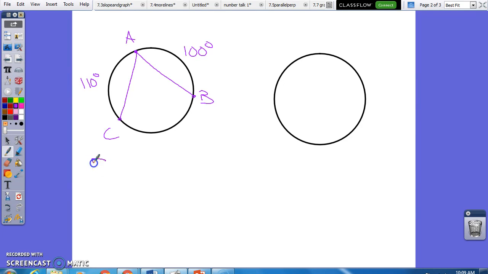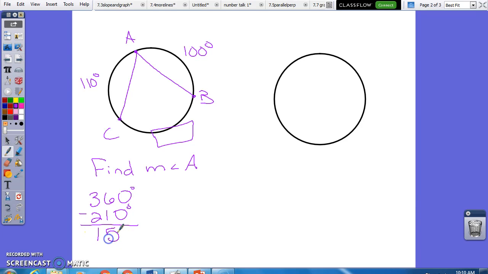We want to find the measure of the angle A, for instance. So we're going to go backwards here. First thing we've got to do is figure out what the measure of this arc is. To do that, you would take 360 degrees, the full circle, minus 210 degrees, what the two arcs that we already know add up to, and that gives us 150 degrees.